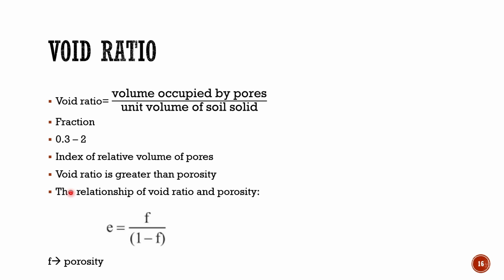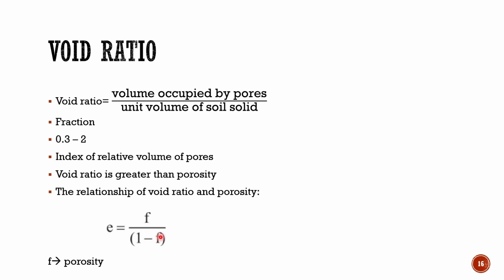Then the relationship between void ratio and porosity: void ratio e is equal to f divided by 1 minus f, where f is the porosity. So porosity divided by 1 minus porosity. That is the equation for void ratio. If any numerical problems come, you can use this equation. You don't have to memorize it.